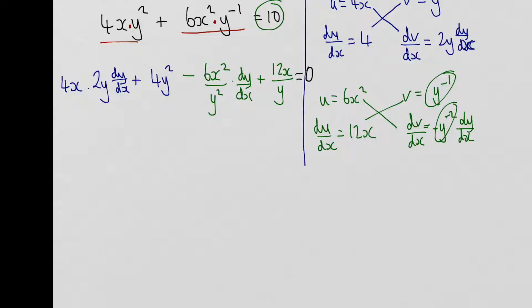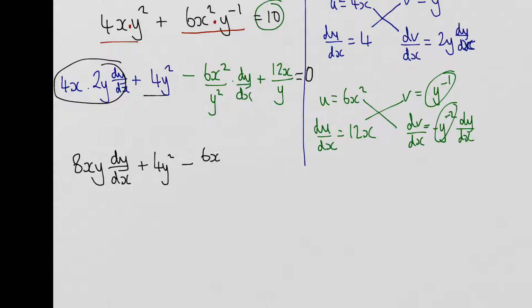Okay, so let's start to tidy this up and put some bits together. So this section here, I'm going to get 8xy dy by dx. Here is quite straightforward, plus 4y squared. Here that's going to stay as it is, so minus 6x squared over y squared, dy by dx, if you want to put the little multiplier there, and then plus the 12x over y is equal to 0.